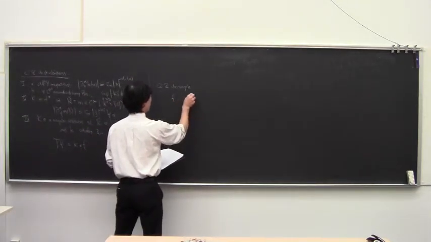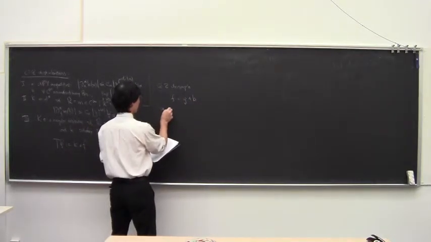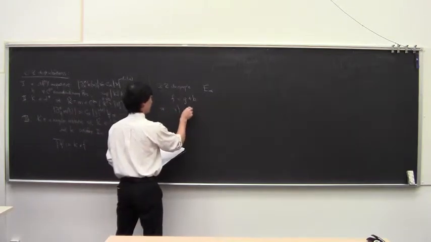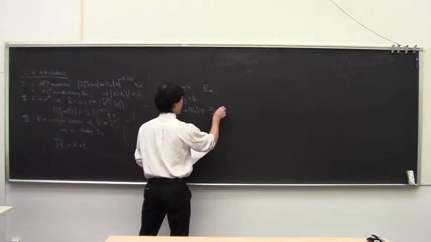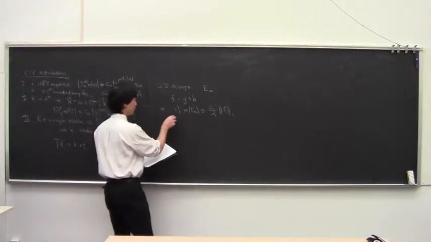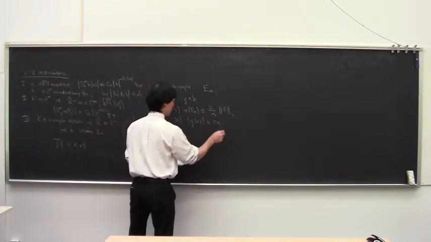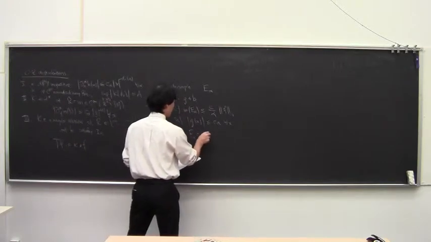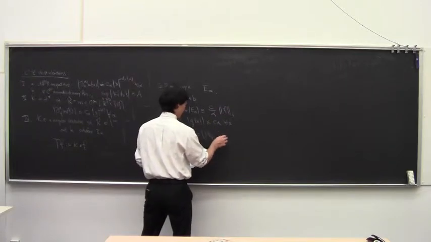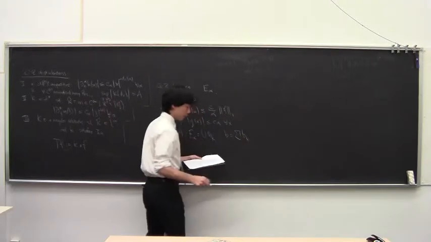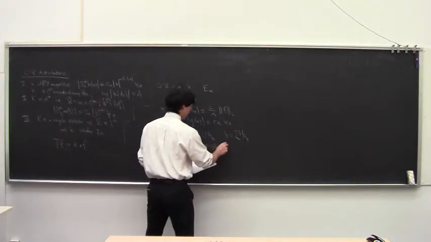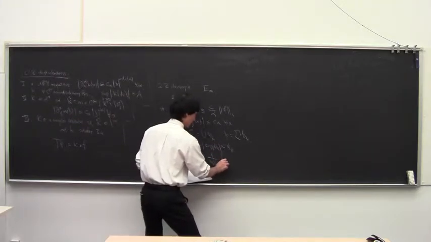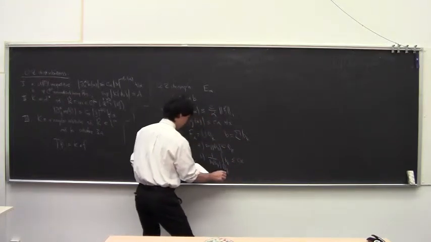We want to split f into two functions such that: 1, there's an open set E sub alpha such that the measure of E sub alpha is controlled by the L1 norm of f over alpha; 2, the good function is bounded by C alpha everywhere; and 3, E sub alpha can be written as the sum of Q_k's, and b will be equal to the sum of the b_k's, where the support of b_k is contained in Q_k, the average of b_k over its cube is bounded by C alpha, and we have a cancellation condition.